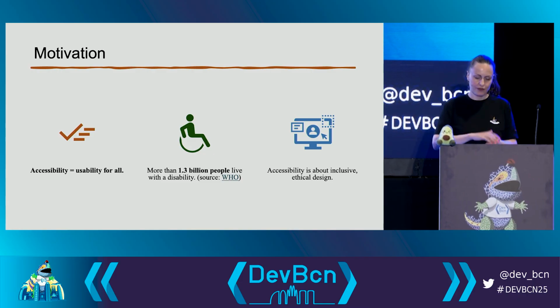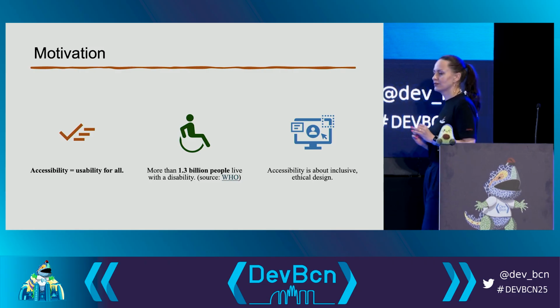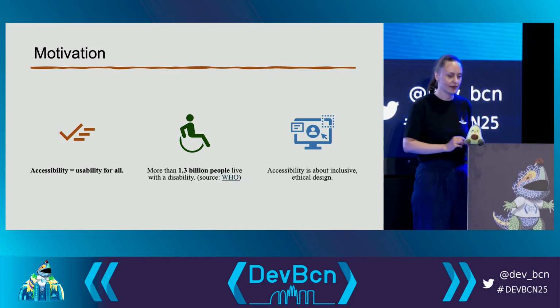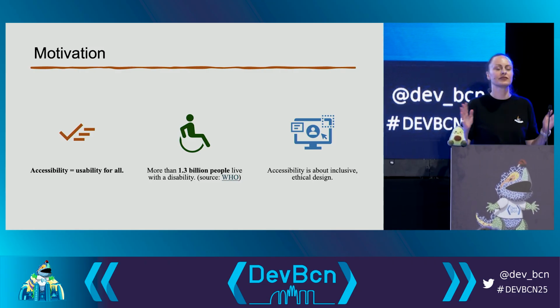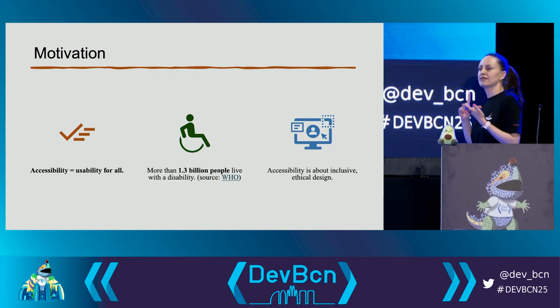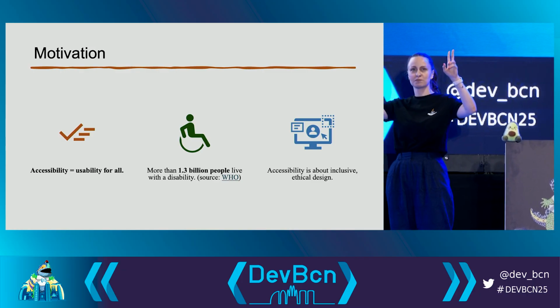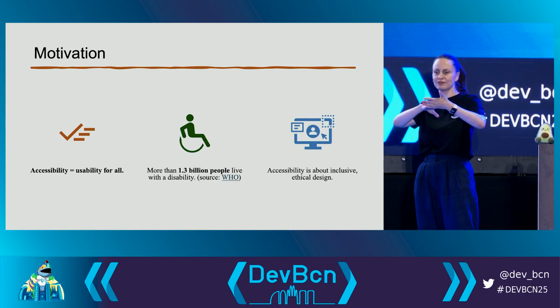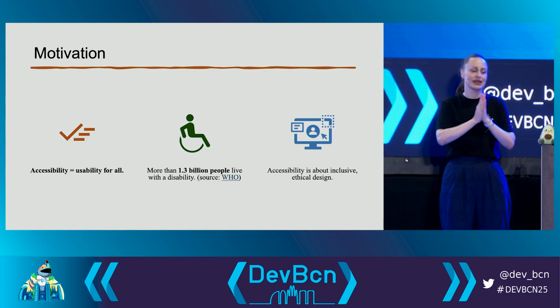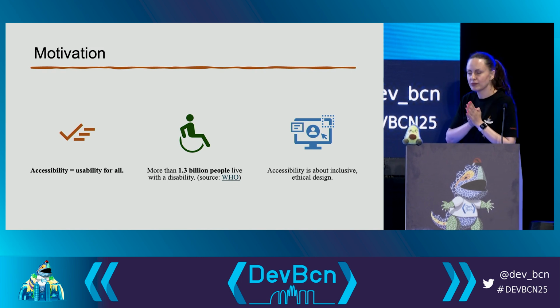Before going further with explanations on accessibility, I want you to think about your recent experience in your past month. If you ever experienced issues navigating a website, maybe you're on a mobile and there's a button that jumps all over the place and you're just trying to find it so that you can submit it. Or you had to repeat an action to make sure that it is done.